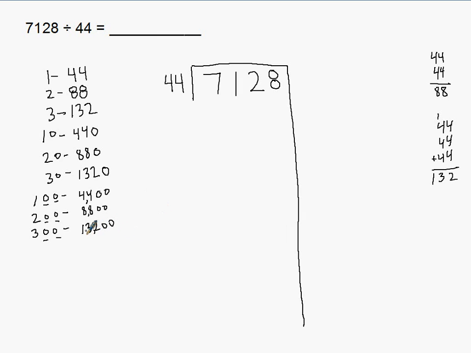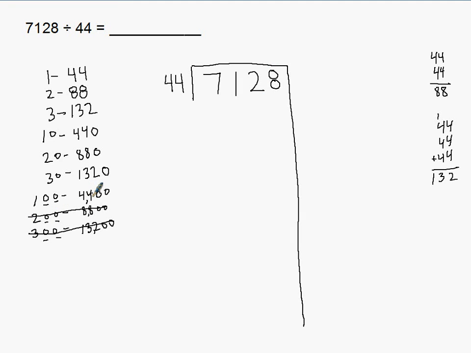Now look at this, 13,200 is greater than 7,128, so I can't subtract that, so we'll cross it off. And I can't subtract 8,800 from 7,128, so let's cross that off.